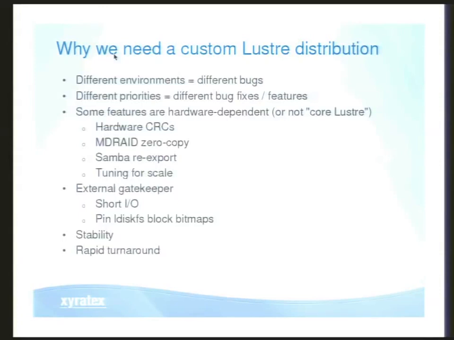Another point there is that the canonical tree, as hosted by Intel, has what to us is an external gatekeeper. There's someone that tells us whether our code can land on the canonical tree or not. And for our development, we obviously can't have that when we're deploying code to our customers and updating their software in the field.